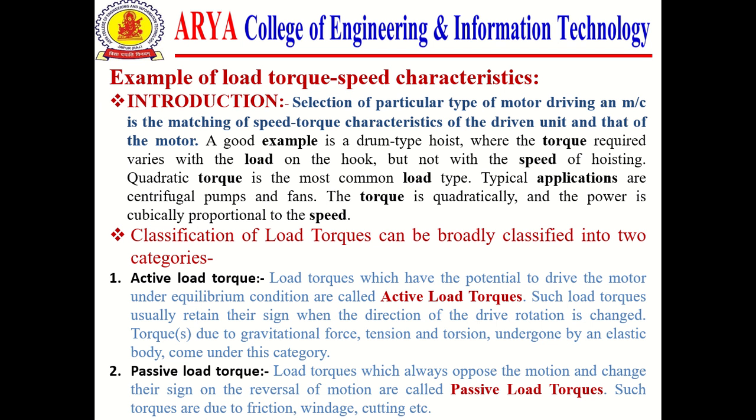Such load torques usually retain their sign when the direction of drive rotation is changed. Similarly, we define passive load torque. Load torques which always oppose the motion and change their sign on reversal of motion are called passive load torques. Such torques are due to friction, windage, cutting, etc.